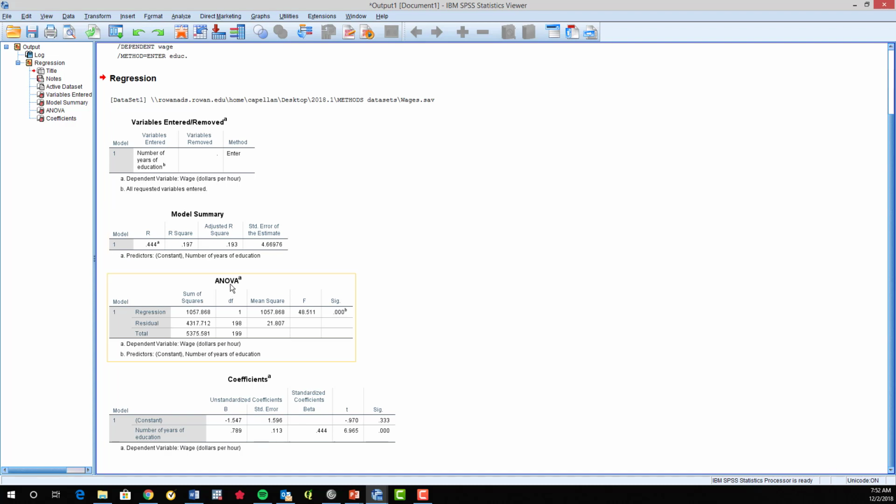This ANOVA here is essentially a test of the linearity of the relationship between education and wages, and as you can see, it is statistically significant. We can assume the relationship is linear. And down here is where the actual regression happens. You have your intercept, that is your constant.